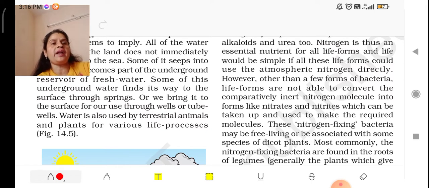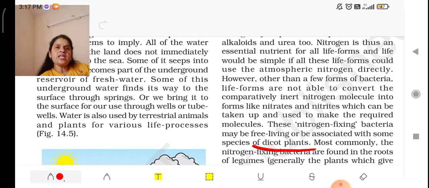And these bacteria are found only in dicot plants. Dicot means dicotyledon. Like a groundnut seed, we can break it into two parts, correct? If you remove the seed of the groundnut and crush it, it can be broken into two pieces. Same with pulses, peas, grams. These seed parts are called cotyledons.